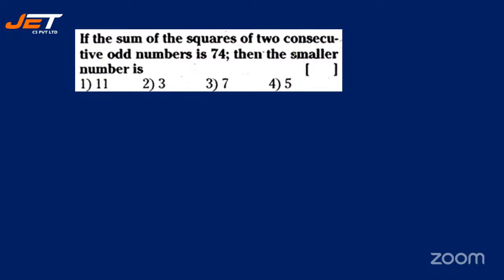All right, let's see the answer. It is 5. The sum of the squares of two consecutive odd numbers is 74, then what is the smaller number?